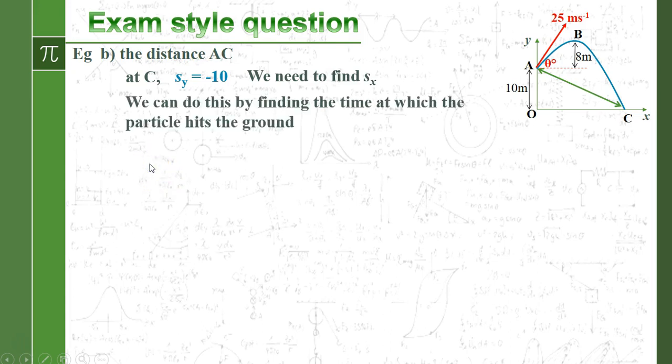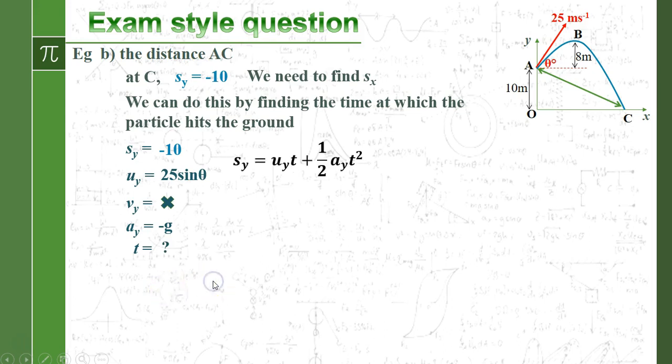In order to do this, we're going to find the time at which the particle hits the ground, and this is where this piece of information becomes useful, because I'm going to use it to find the value for t with all the information I've got in terms of the vertical components. Stick it into s equals ut plus half at squared, with that value of minus 10 being our vertical displacement.